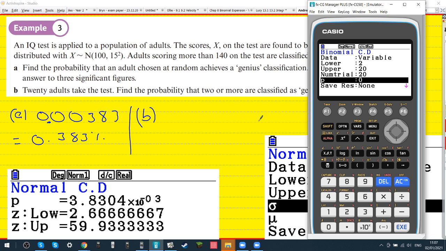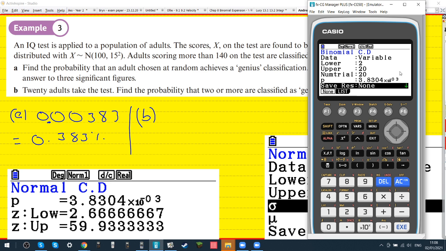And probability. Is that like the probability that they are, or is that like 2 over 20? What was the probability that someone is a genius? Is it 0.00383? Yeah. And I'm going to do it to 5 sig fig because we're using it now.